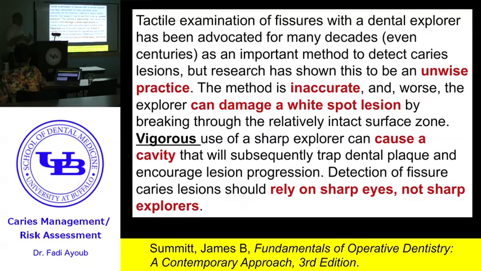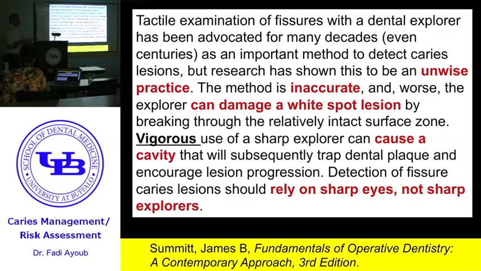It doesn't mean that you cause caries. It means just ditching, and you create a place where food can go in and then develop into a lesion later on. Detection of fissure caries lesions should rely on sharp eyes and not sharp explorers.